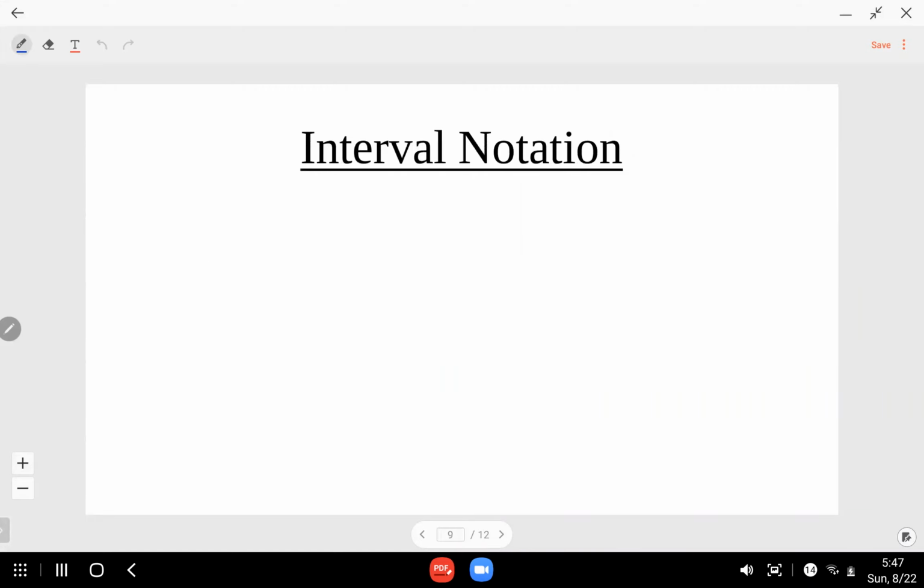All right, so interval notation. Everybody knows what interval notation is, right? Great. Now I have to teach it to you. Interval notation denotes an interval, for example, 2 to 5. This filled in circle means the number is included, so you use square brackets, 2 to 5.